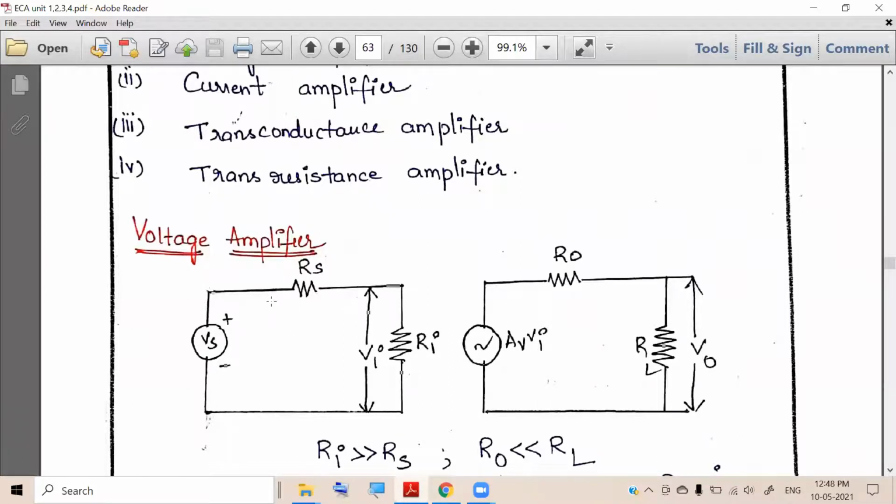So what is the voltage across RS equal to? Answer please. Ohm's law. Fast please. Yes, students.